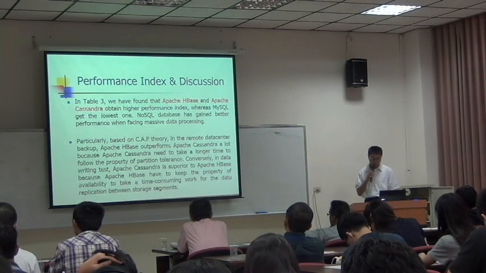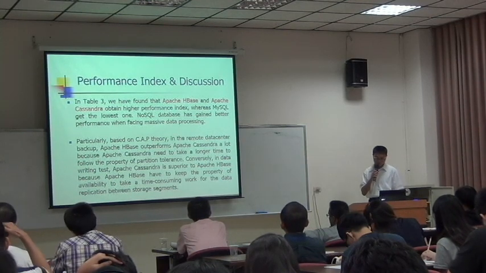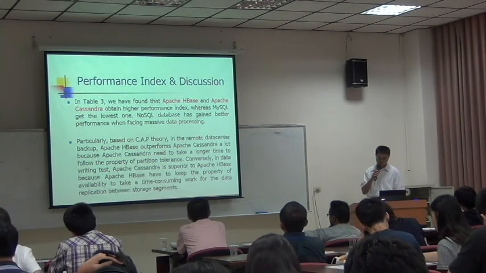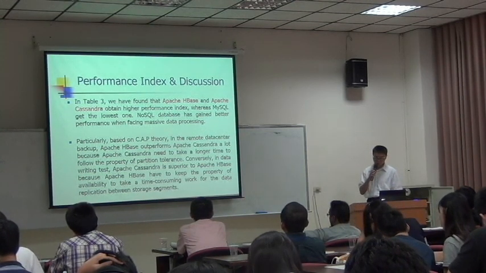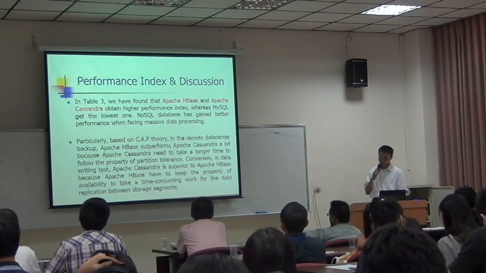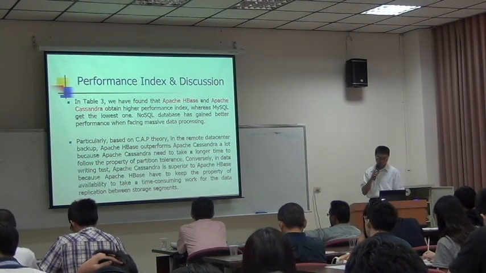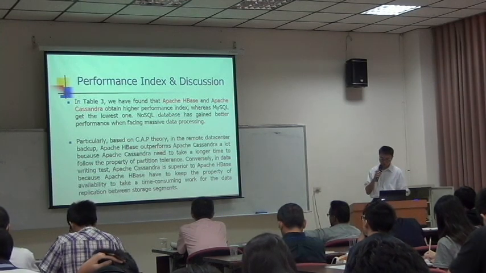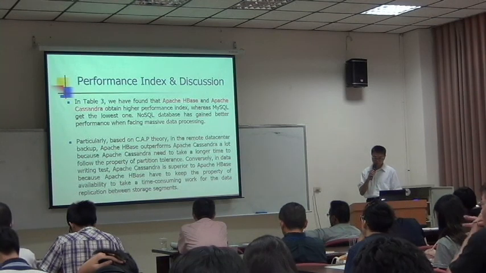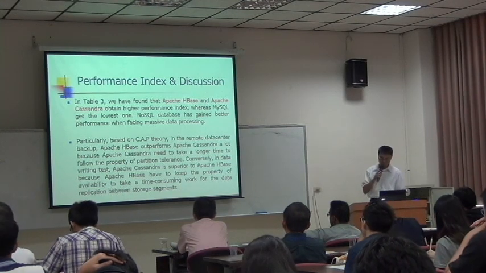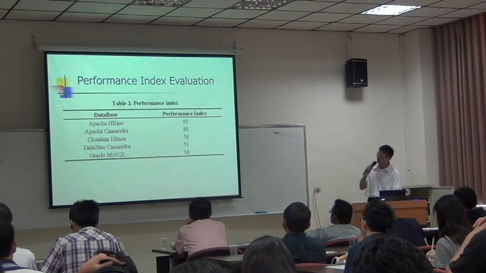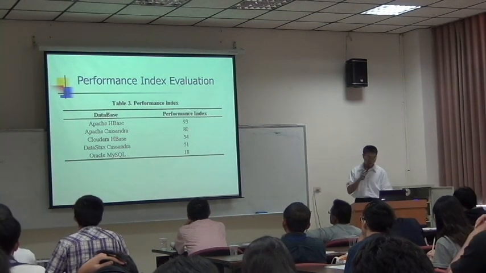Whereas in the data writing test, Apache Cassandra is superior to Apache HBase because Apache HBase has to keep the property of availability, taking time-consuming work for the data replication between storage segments. This is the table 3.